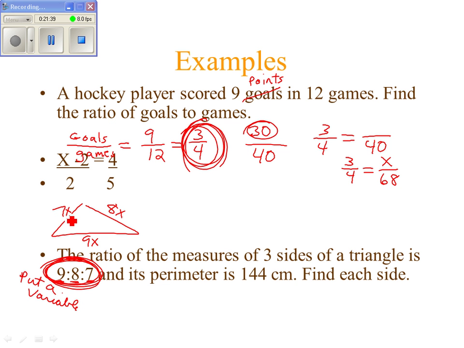We've said this several times. 3 sides of a triangle, do they add up to be 180? No. What adds up to be 180? 3 angles. So when I set up this equation, I'm going to say 7x plus 8x plus 9x equals 144, the perimeter, the whole distance around it.